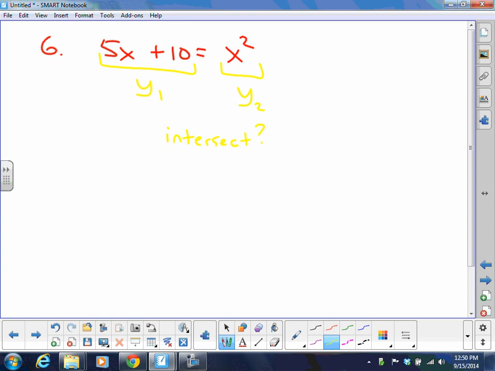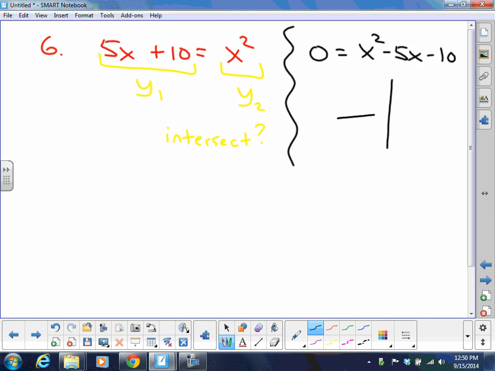Okay, so that's fine. Or what I've seen some people do is get one side equal to 0. So if you subtracted the things over to the right side, you could get something like this, and you would get a quadratic. And again, in that case, now that you set it equal to 0, you're now looking for the x values of the zeros.